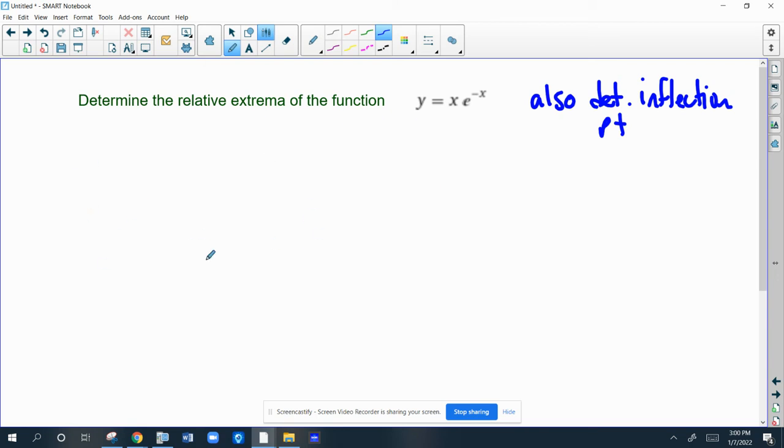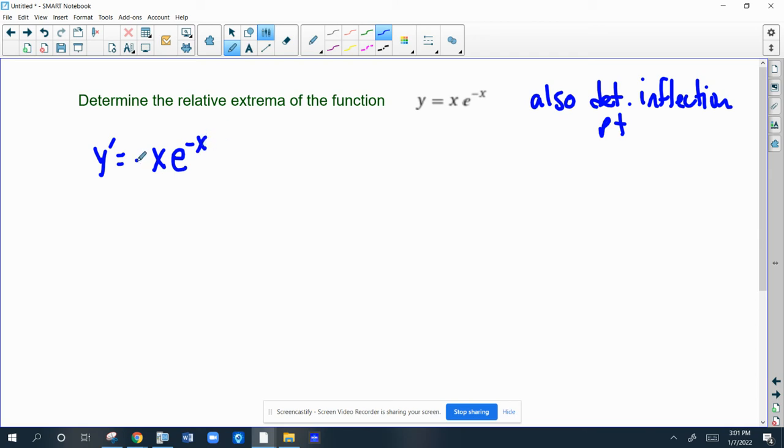Well, let's find the derivative first. For the derivative of this function, you have to use a product rule here. So it would be first times the derivative of e to the negative x. Remember, the derivative of e to the negative x would be e to the negative x, that doesn't change, but then times the derivative of the exponent, which would be -1.